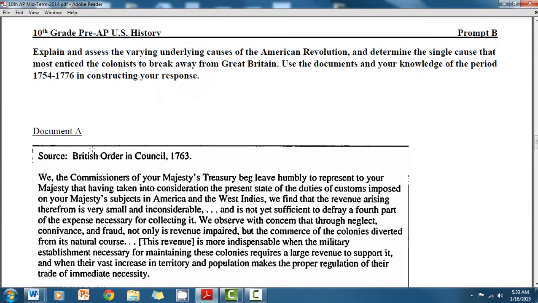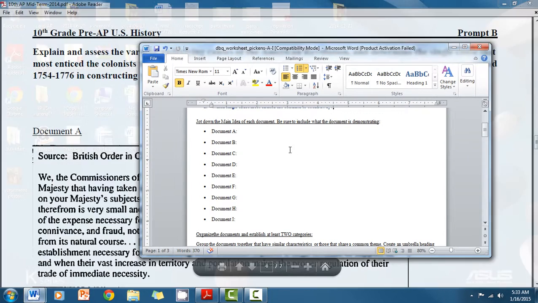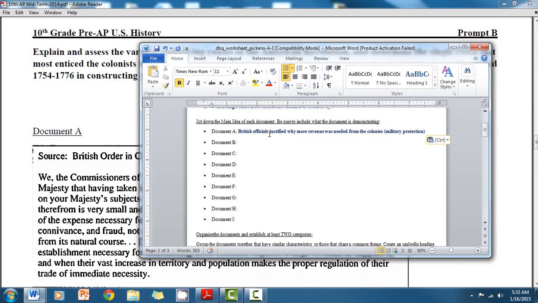So here, when you see document A, this British Order in Council, it's mostly talking about the Treasury and justifying why revenue is being raised. There are so many different ways to conceptualize this document and to get the main idea, but this is just one example.